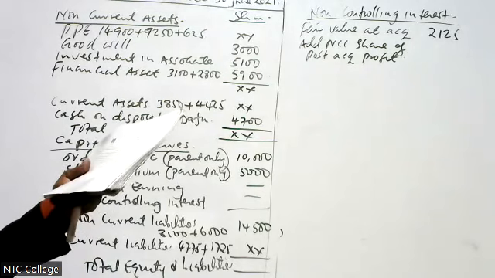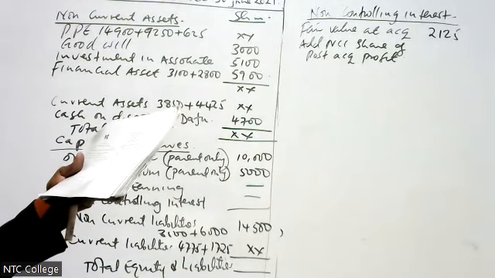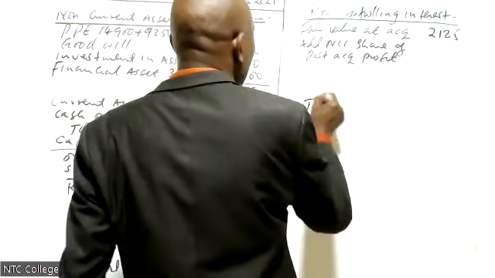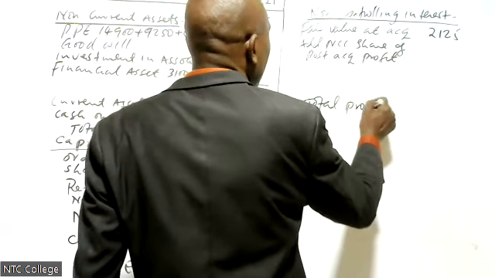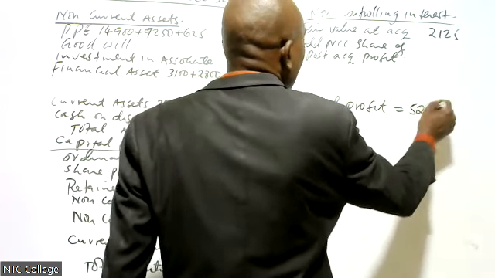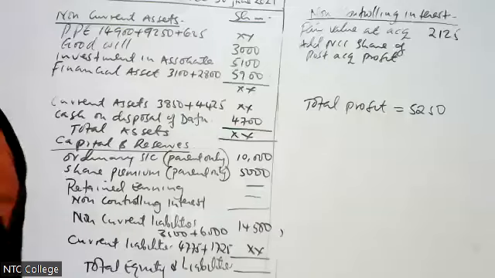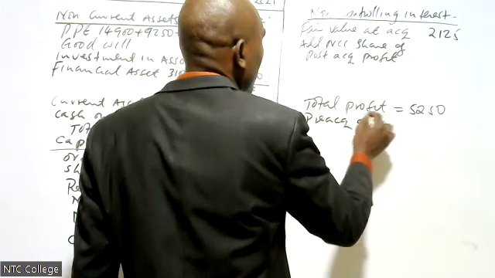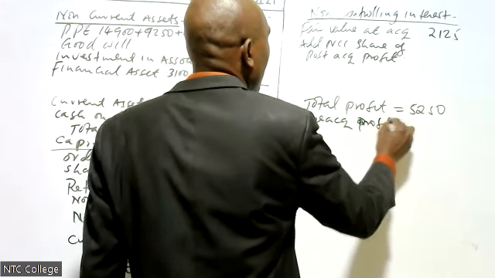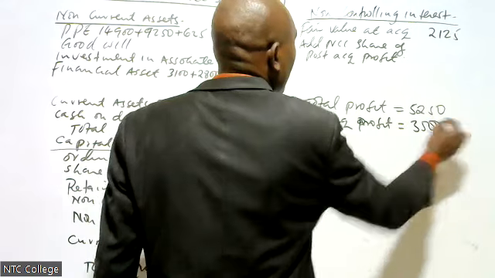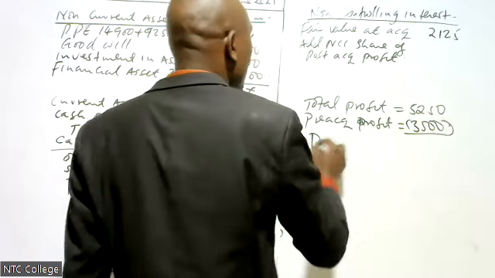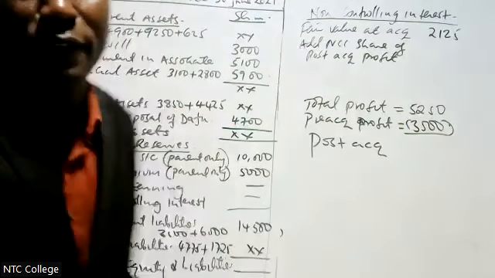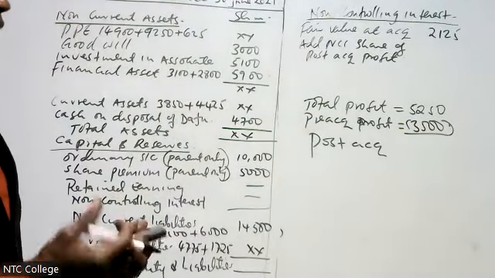Now, when you take 5250 in the balance sheet, total profit equals 5250. Pre-acquisition profit equals 35. Therefore, post-acquisition is the difference.